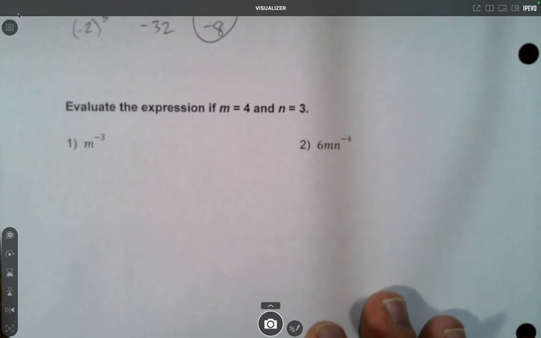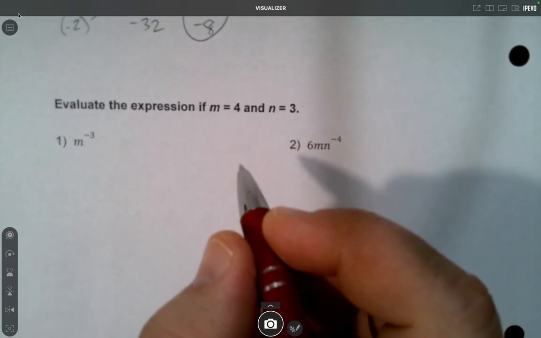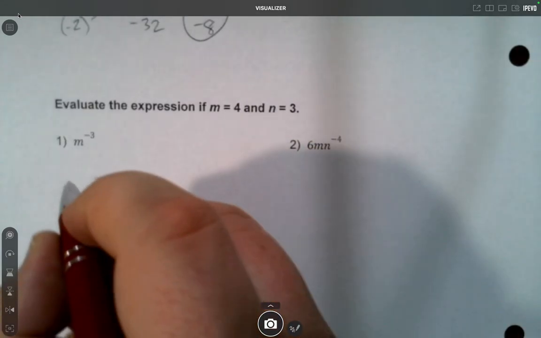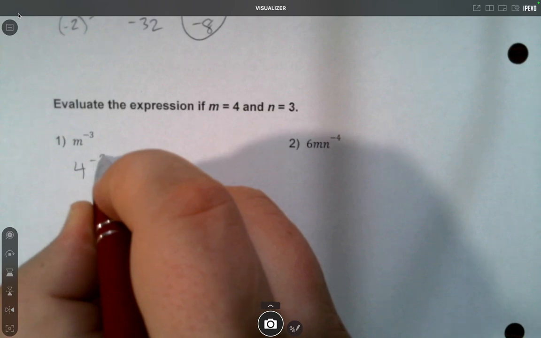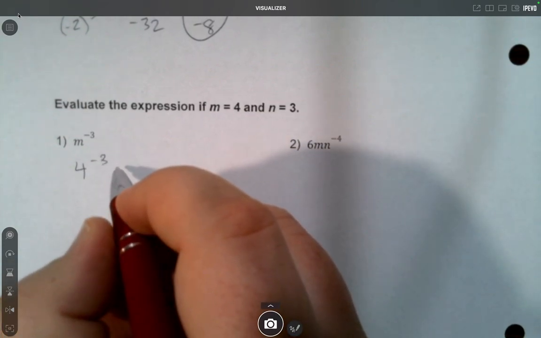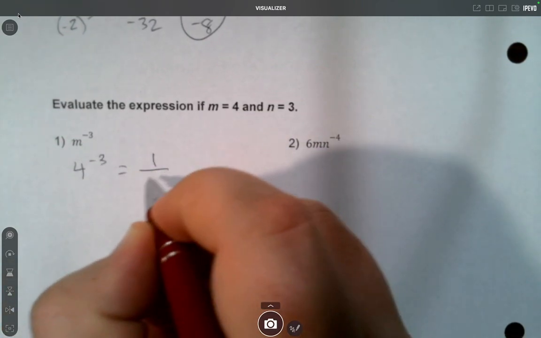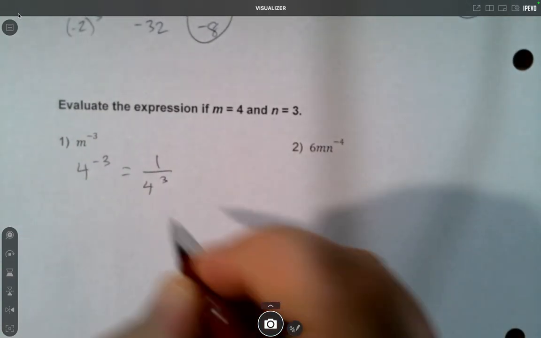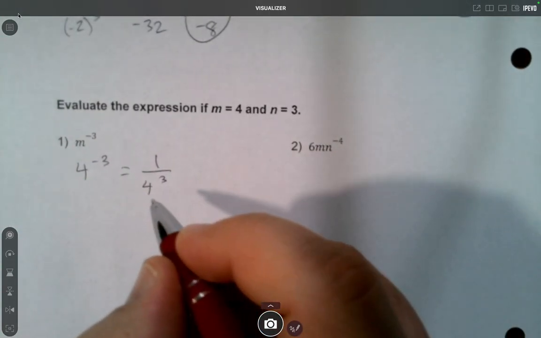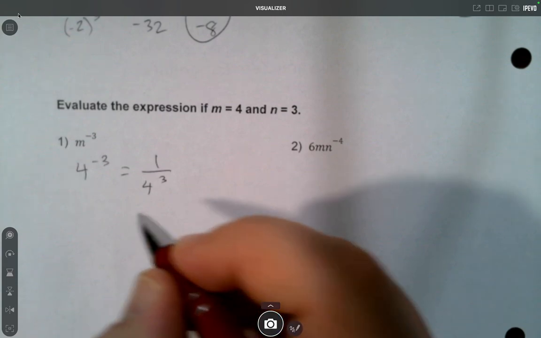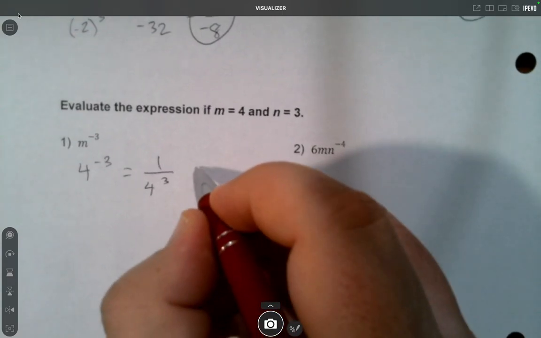Okay, similar problems down here, just with new values. So m equals 4, so I do 4 to the negative 3. That's the same as 1 over 4 cubed. 4 cubed means 4 times 4 times 4. 4 times 4 is 16, times 4 is 64.